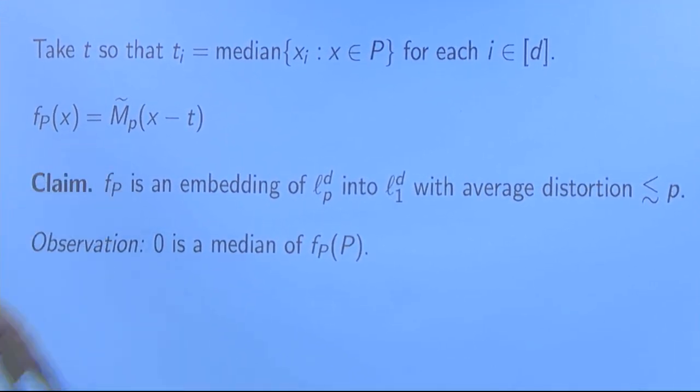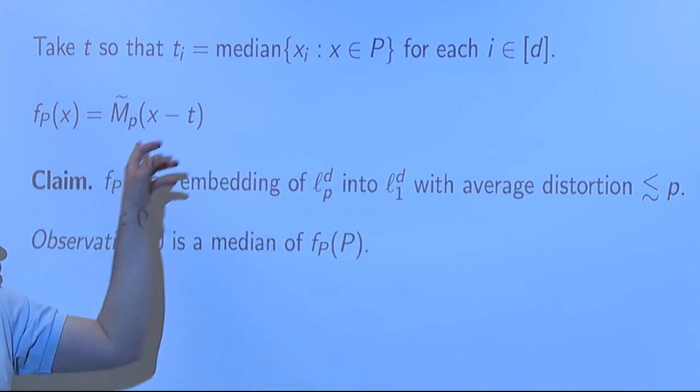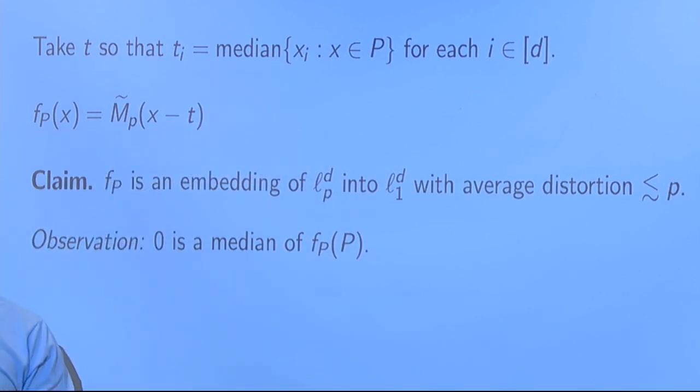I shift everything by T. To put it a different way, I shift all the points so that the median of the points in P is the origin. So let me write that, because I think that's a bit more intuitive.